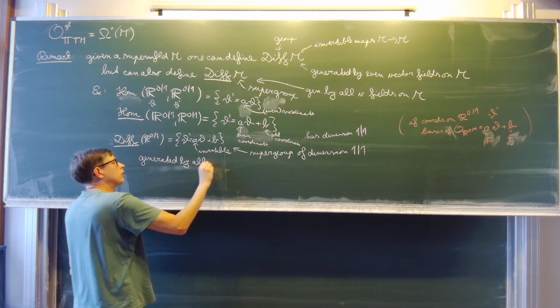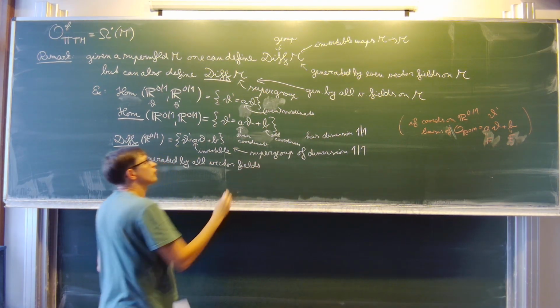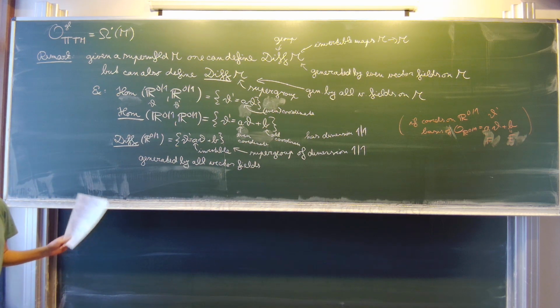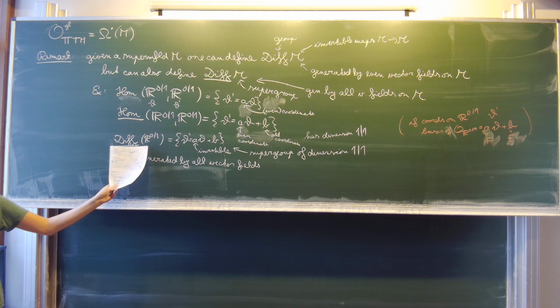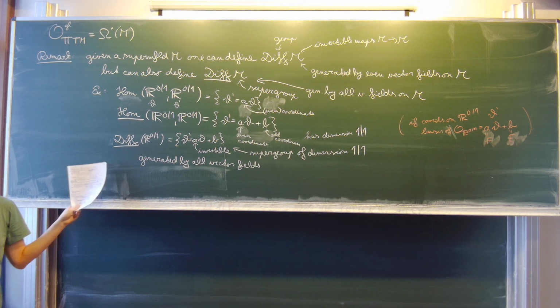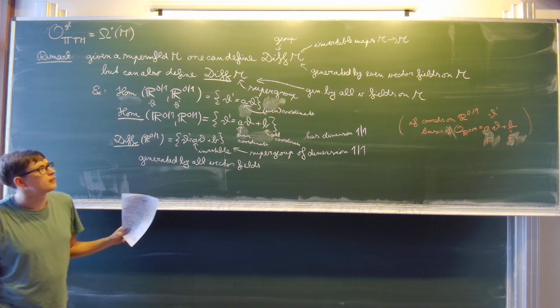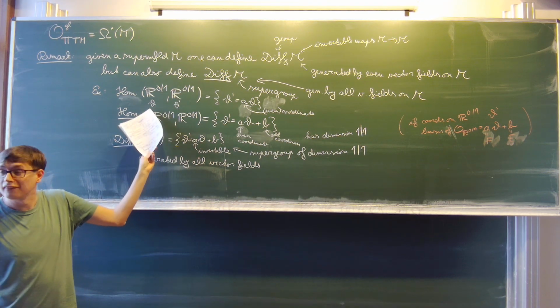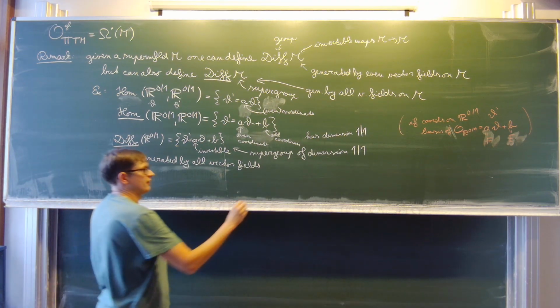By all vector fields. If you find this global interpretation confusing, then we can think about vector fields, which is more doable. So what are the vector fields on R^{0|1}? If we take the theta coordinate, there is one even and one odd up to multiples.